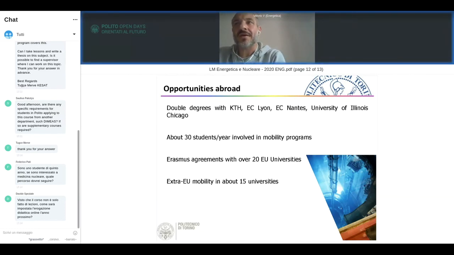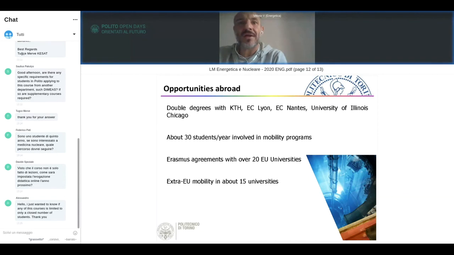And in this case, you can follow some courses which are focused on the nuclear application of medicine. There are various professors in our department working on these aspects, and often there are many theses offered, also in collaboration with hospitals or companies developing some specific devices.